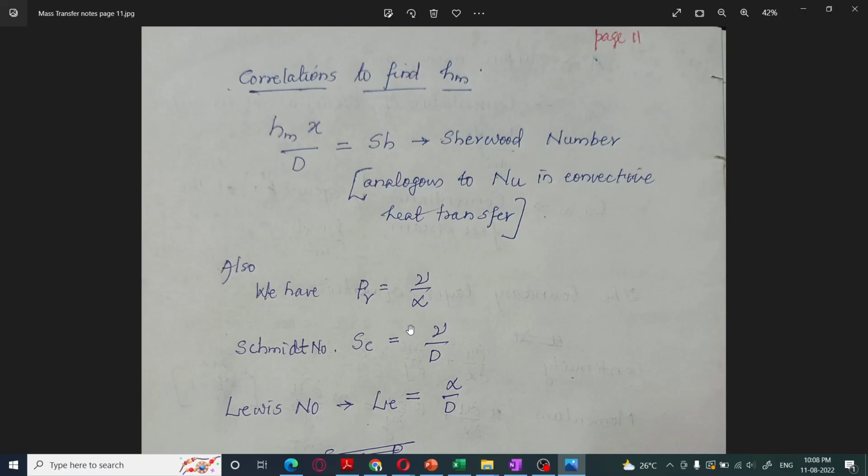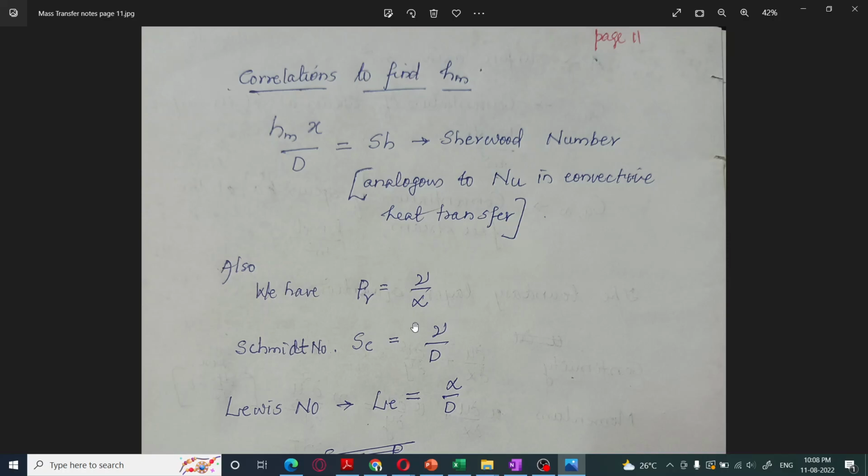Now we have correlations to use to find out the convective mass transfer. In convection heat transfer, the primary aim is to calculate the value of the heat transfer coefficient. Just like that, in convection mass transfer, the primary aim is to calculate the convective mass transfer coefficient, which can be obtained just like the equations we used for convection heat transfer.